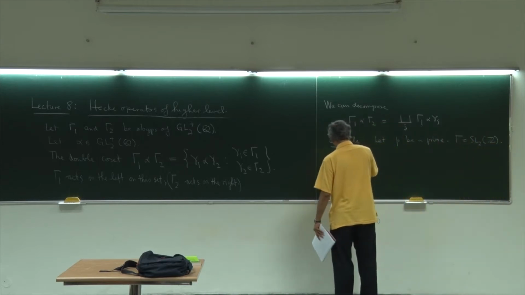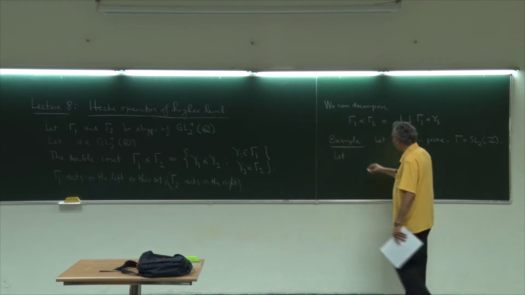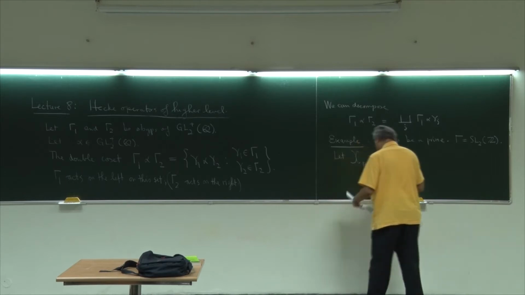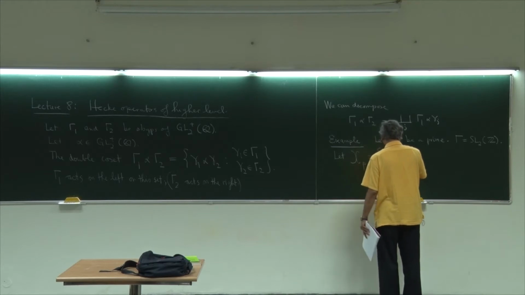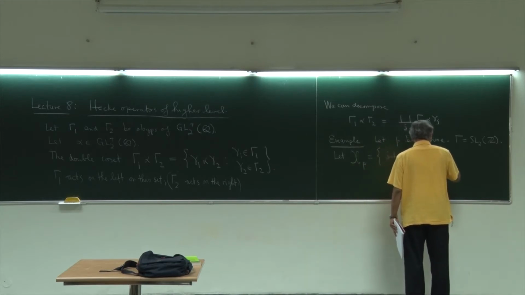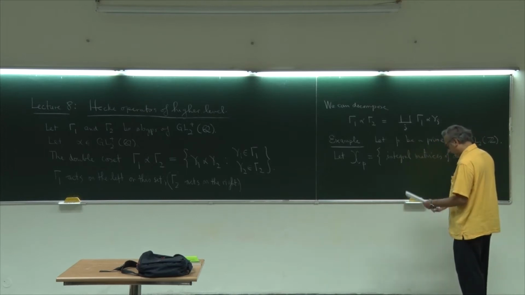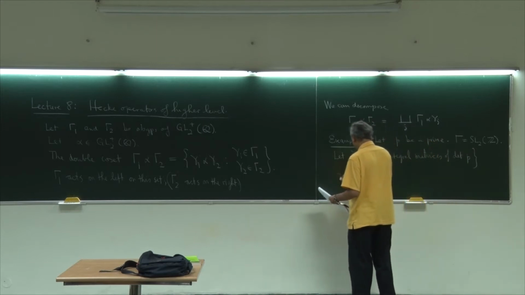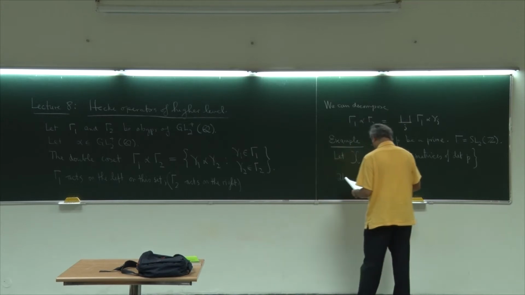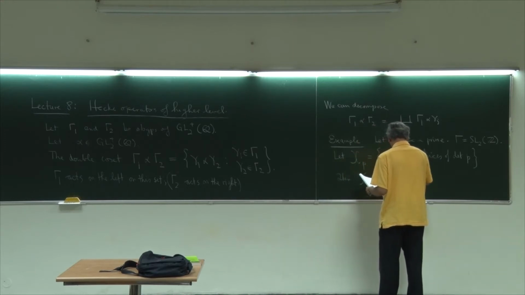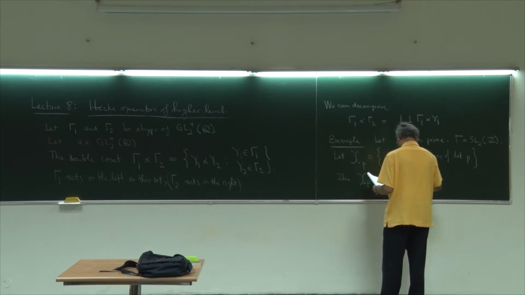Before I used X_p, I just want to make a fancy X_p, the set of integral matrices of determinant p. Then X_p is equal to Γ (p 0; 0 1) Γ.